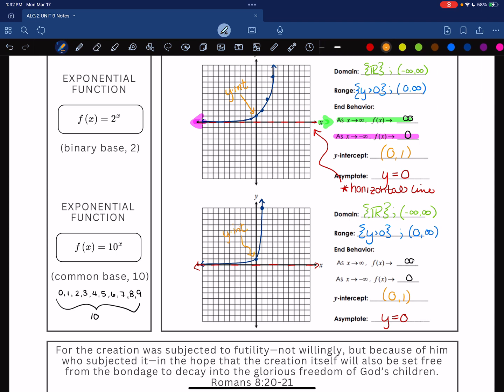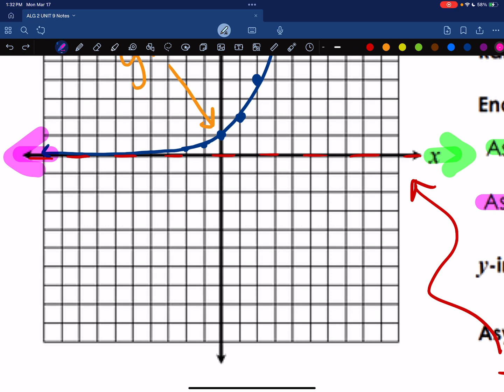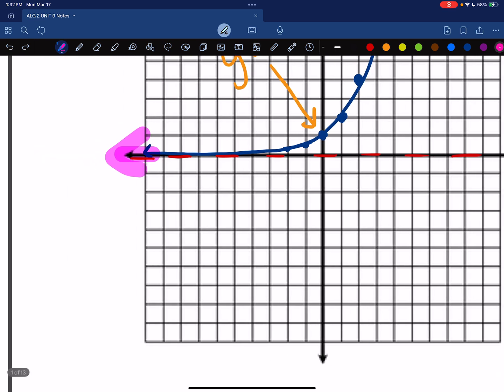And now let me just leave you with this idea of how things are growing here. As you move from one point to the next, how is it increasing in height? Actually, let's make a little table over here.